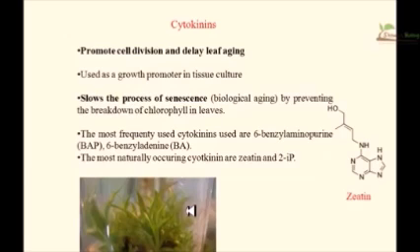The most frequently used cytokinins are 6-benzylaminopurine or BAP, and another is 6-benzyladenine or BA. Now BAP and BA are synthetic derivatives of cytokinin. And the most common naturally occurring cytokinins are zeatin and 2iP.